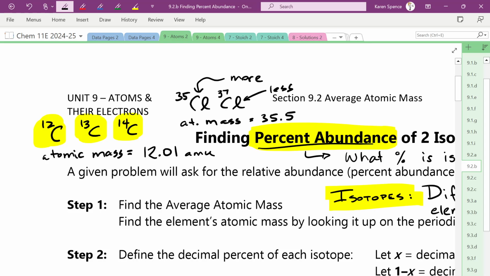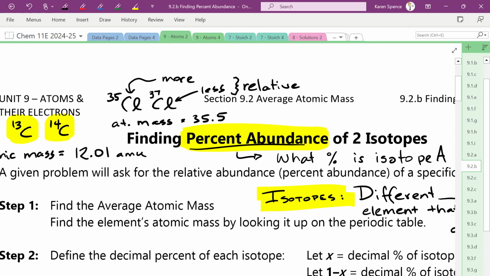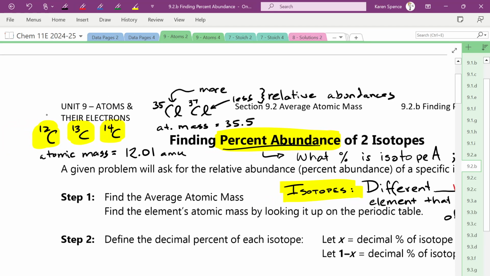Those are their relative abundances. And for carbon, it was mostly carbon 12.